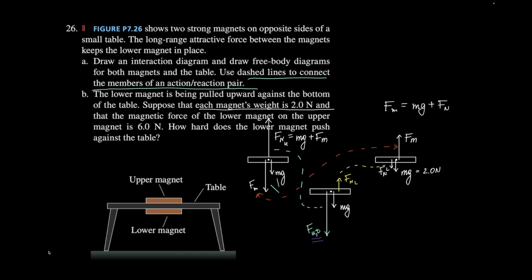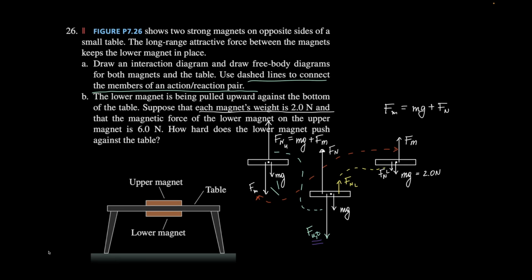It's just the normal force from the floor on the table. Okay, and they're asking us for the force with which the lower magnet pushes into the table, this little force by the lower magnet right there, Fn from the lower, which will be the magnetic force minus mg, which is just 4 newtons.